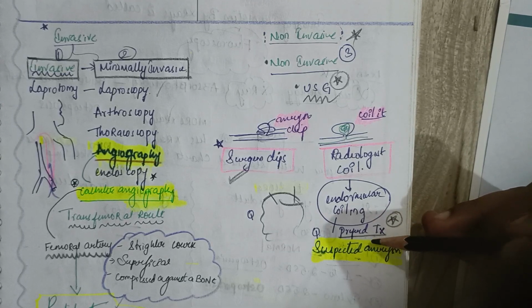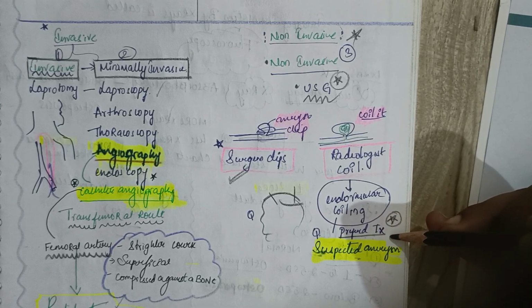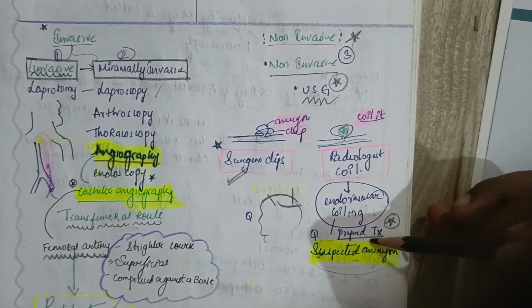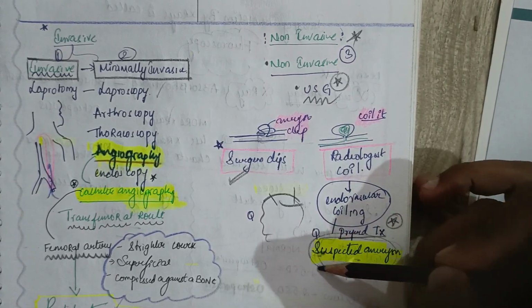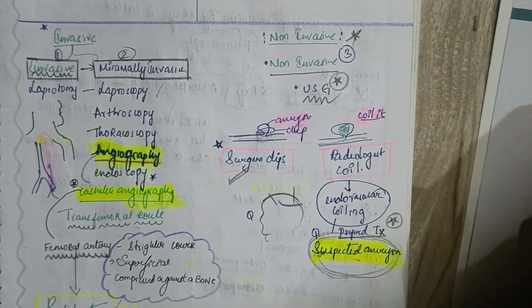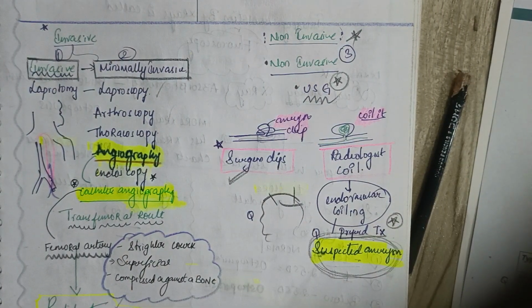That is the preferred treatment where we suspect an aneurysm. Say, for example, if you suspect an aneurysm in a patient, we use this endovascular coiling. That's the first important part. It is the radiologist's endovascular coil, the preferred treatment for a suspected aneurysm.